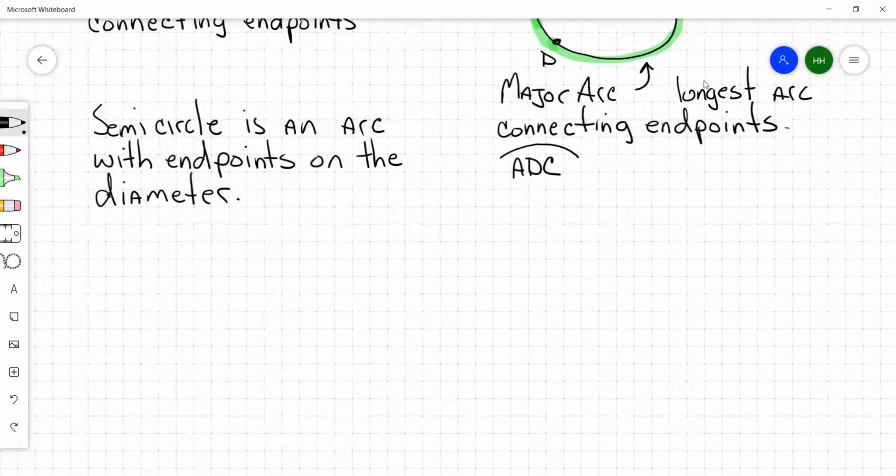And hopefully by this stage of your mathematical career, you know what a semicircle is.